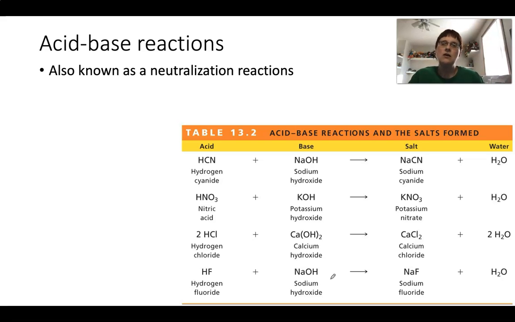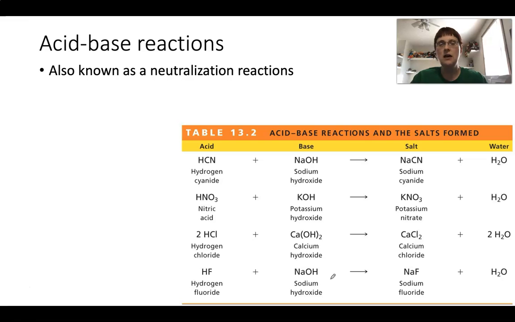These also are called neutralization reactions because when an acid and a base interact, they neutralize each other. That's the idea when, for example, you have a stomach ache, of taking something like Mylanta or Tums, because your stomach ache is coming from the acid in your stomach.